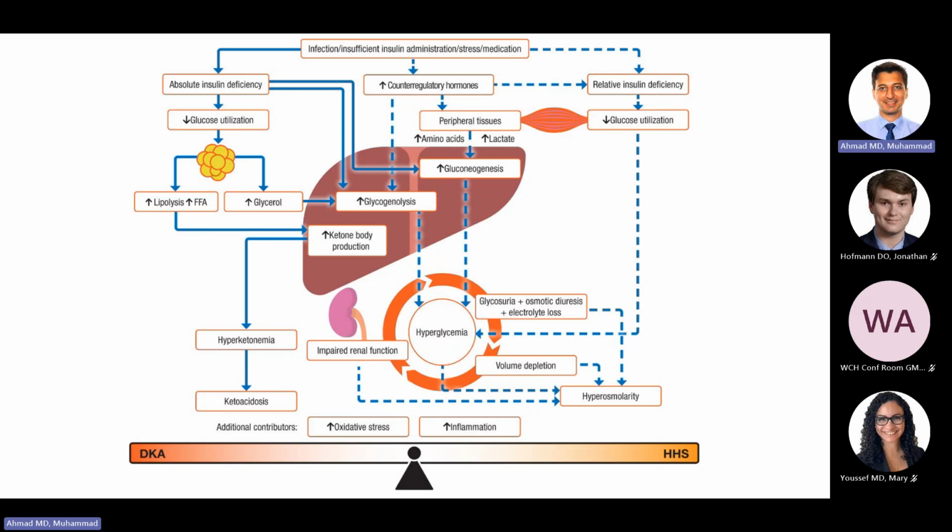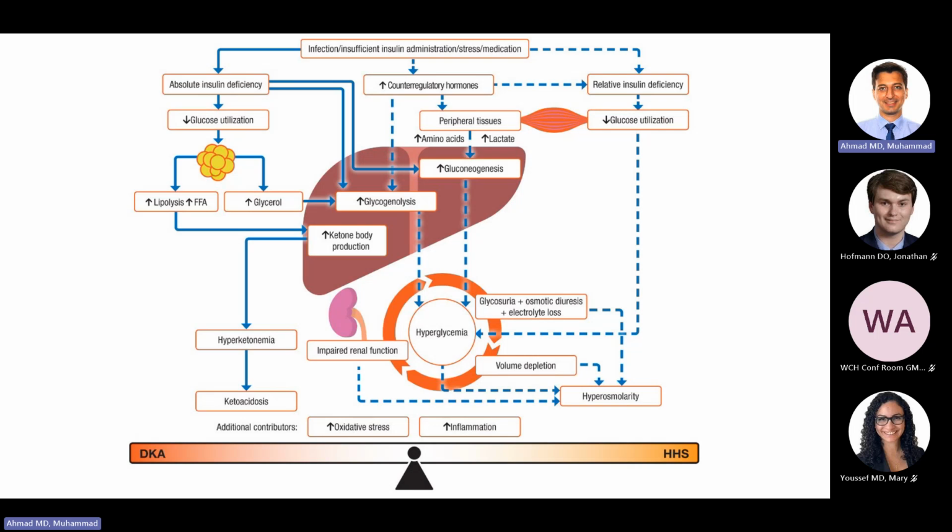So this is how it happens: some kind of trigger promotes ketogenesis, lipolysis, and eventually a lot of ketone formation. And then these ketones are excreted, which creates a lot of osmotic diuresis, because glucose is going to attract water, and then this water is going to be urinated, and then eventually a lot of derangements of the electrolytes and osmotic shifts. This is the main pathophysiology of diabetic ketoacidosis.